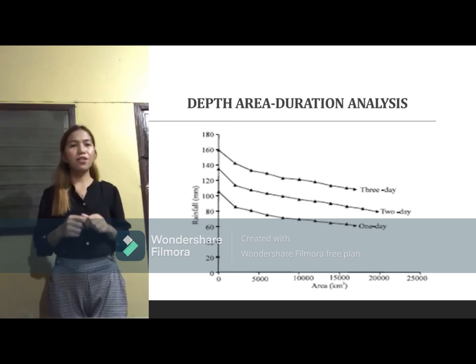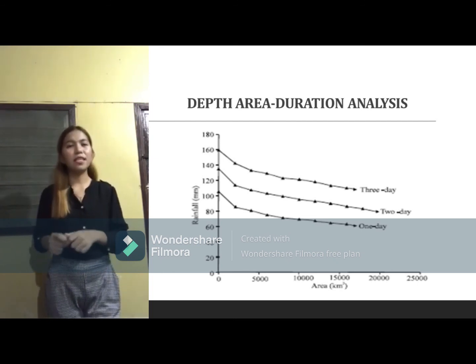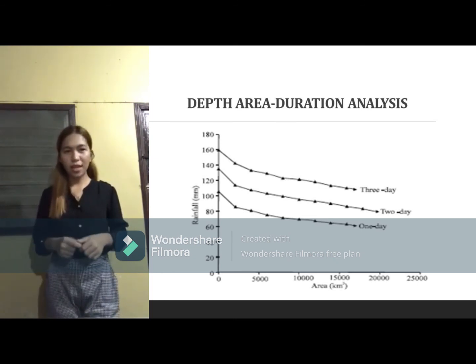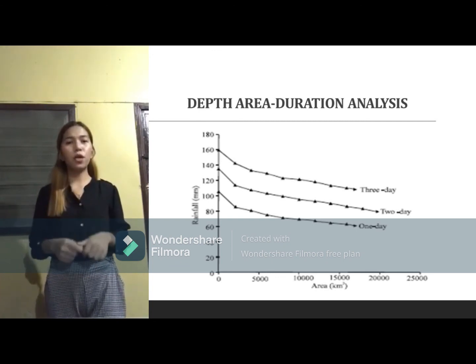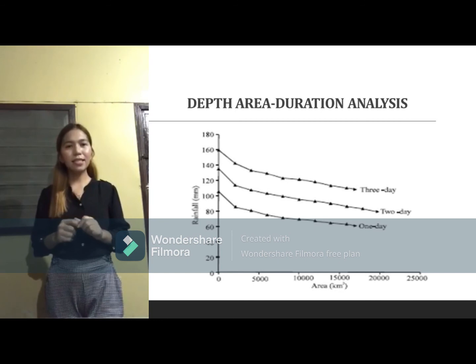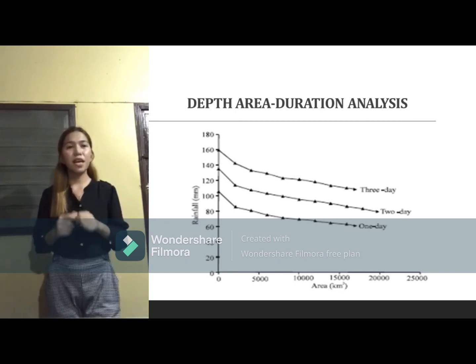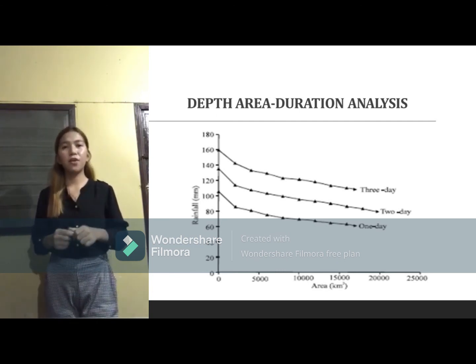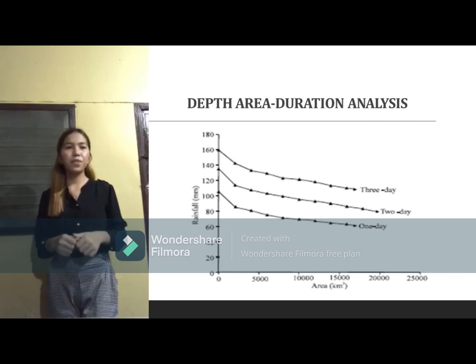Many hydrologic problems require an analysis of time as well as areal distribution of storm rainfall: depth, area, duration, or DAD. Analysis of a storm is carried out to determine the maximum amount of rainfall within various durations over areas of various sizes.